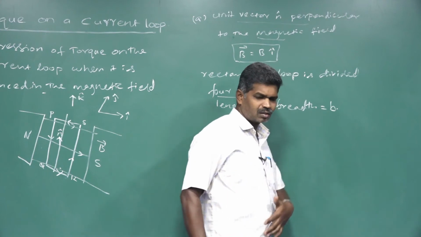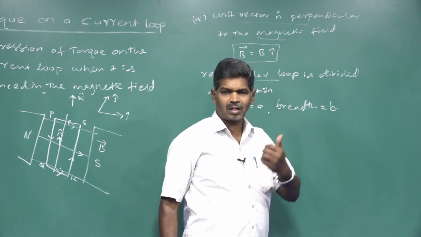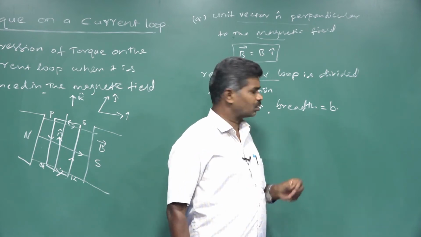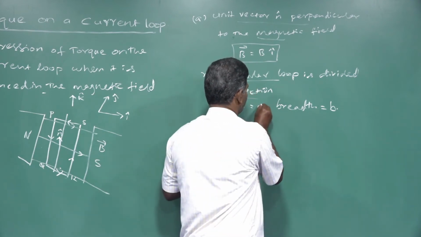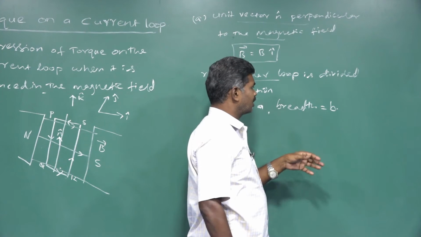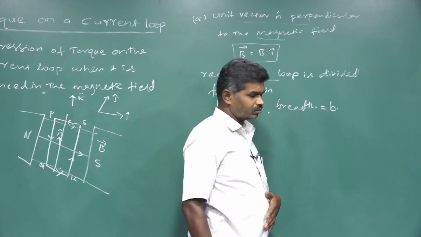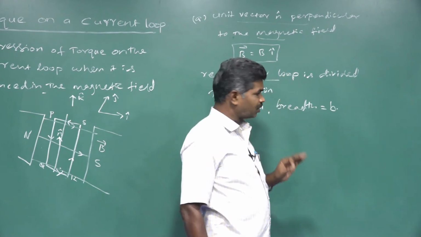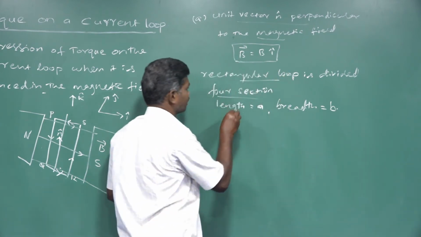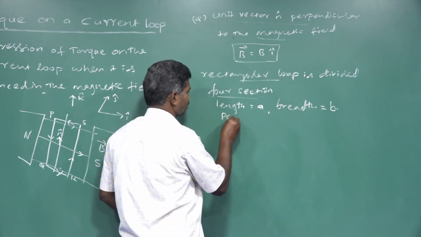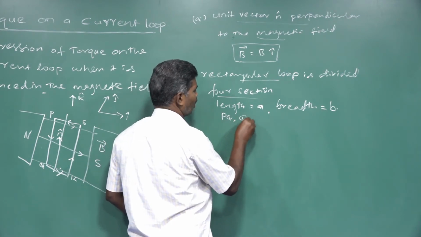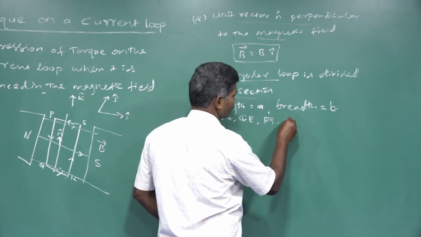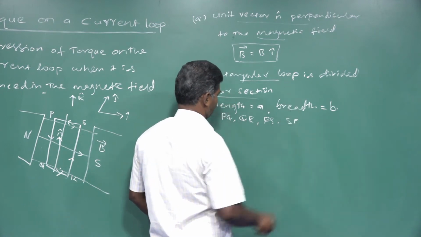In general, length is L and breadth is B, but in our book, length is taken as small a and breadth as small b. This is described in four parts: PQ is the first part, QR is the second part, RS is the third part, and SP is the fourth part.